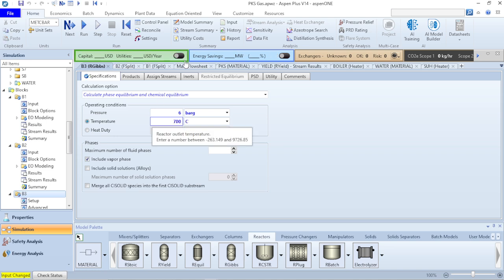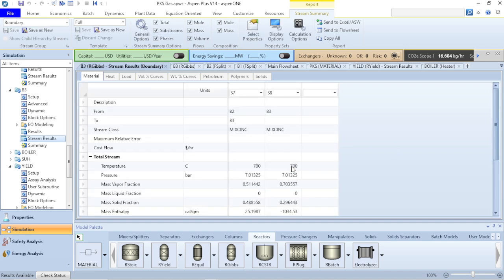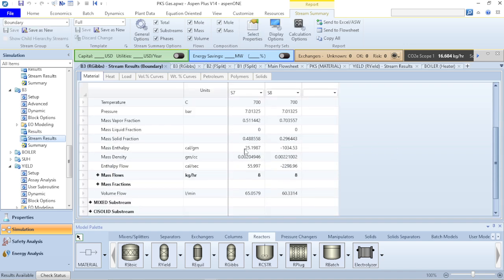We can run this and see what we're having. Oops, we didn't add the heating source. Let's add this. Before I add it, let's just check it and you'll see a little bit of improvement with our hydrogen production.